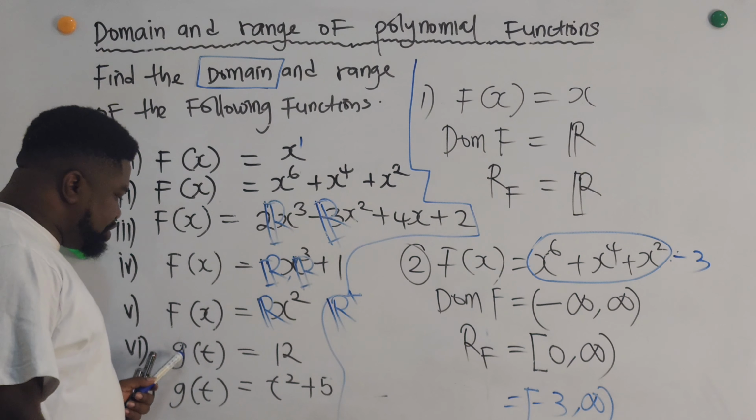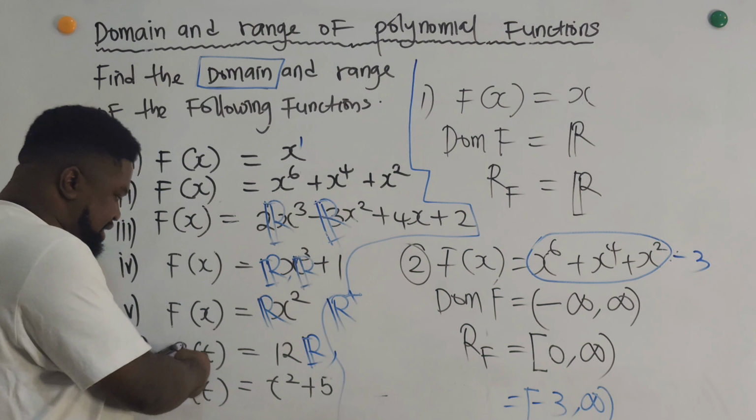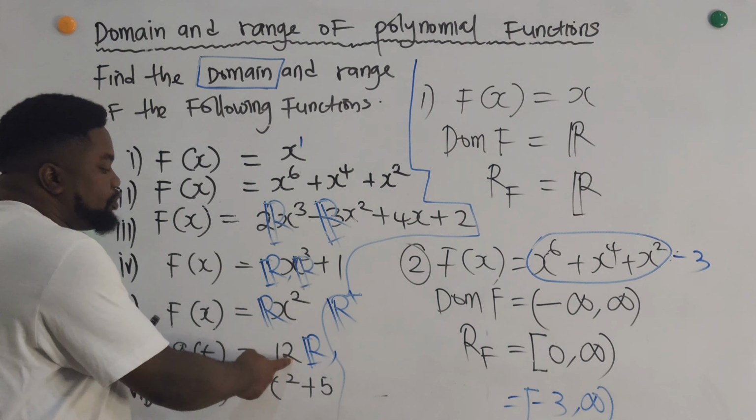Now, what is my range? The range of a constant is that constant. Because all my output, if I put t as 5, I'll have 12. If I put t as 10, I'll still have 12. So the range of a constant is going to be the constant.